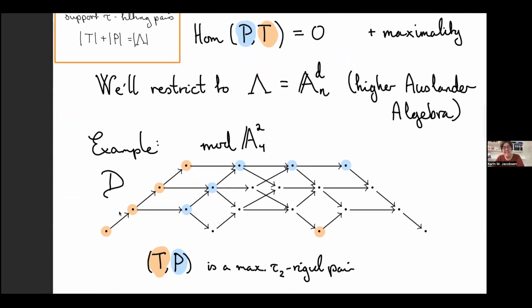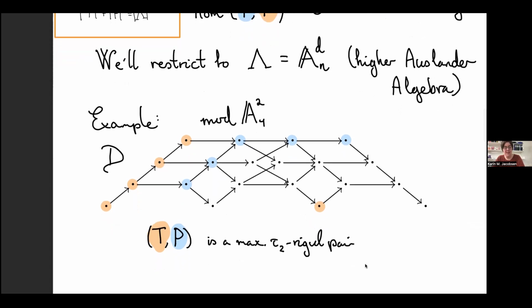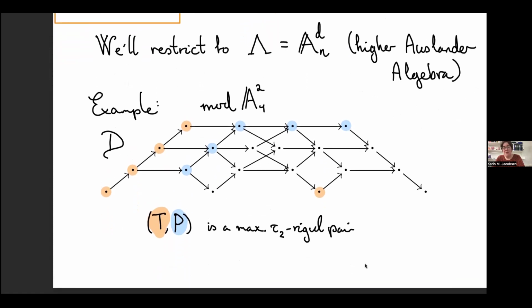And in this, if you take these nodes marked in orange, we get a tau d rigid object or module, and here in blue are all projectives, and together they make a maximal tau 2 rigid pair, because d is equal to 2 here. Now, that is one. There are many others.